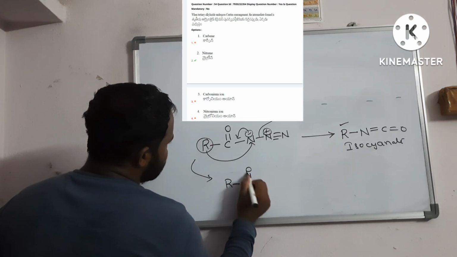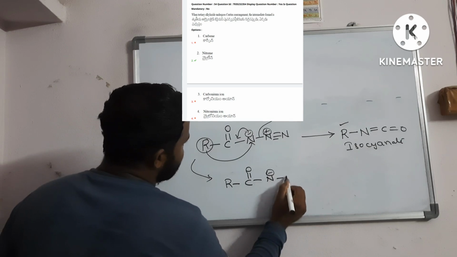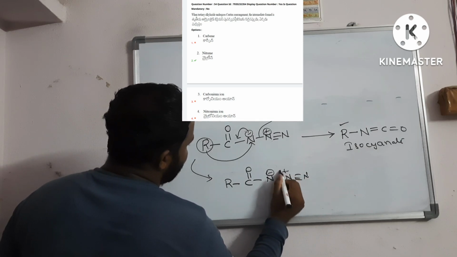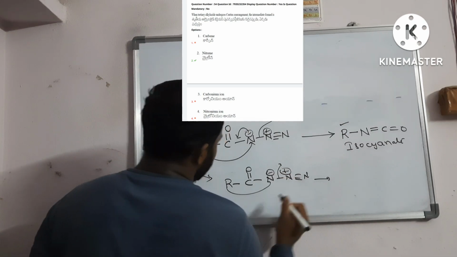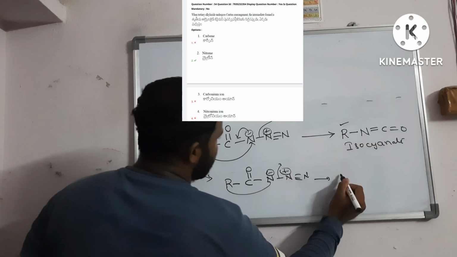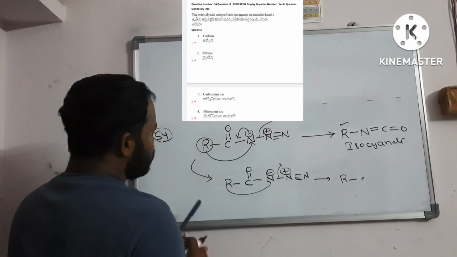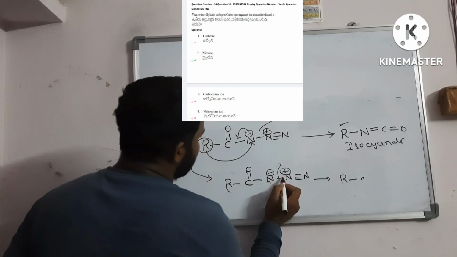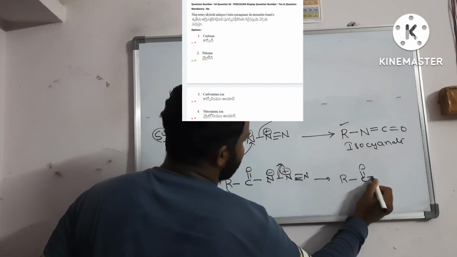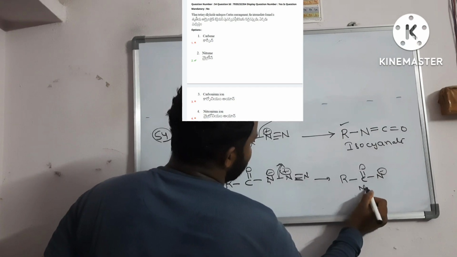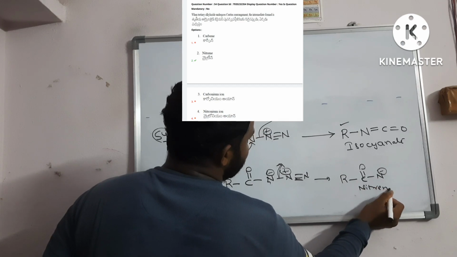Whenever this N minus, N triple bond N is there, directly you write it, then remove N2, and you get RC=O N minus, nitrene as the intermediate.